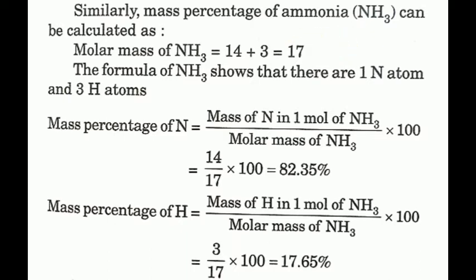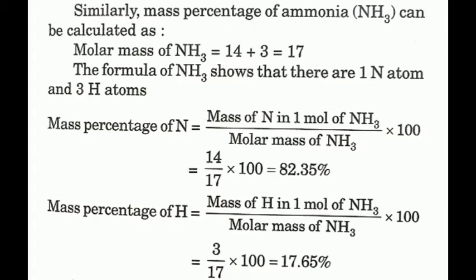Now we will calculate the mass percentage of different elements in ammonia. That is, mass percentage of nitrogen is equal to mass of nitrogen in 1 mole of ammonia divided by molar mass of ammonia multiplied by 100. And in ammonia, how many nitrogens are there? Only 1, and 1 nitrogen has atomic mass equal to 14.